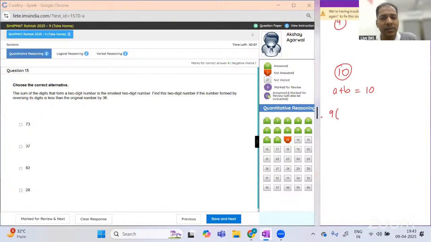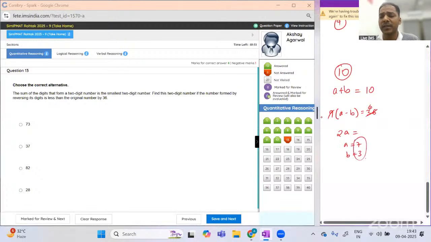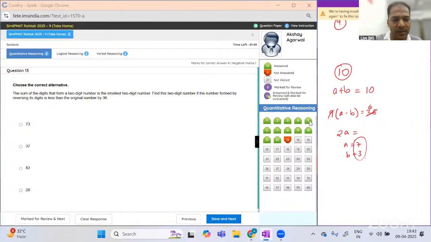So 9 times (a minus b) is 36, which means a minus b is 4. Clearly 2a is 14, so a is 7, b is 3. Reversing the digits will give me 37. Yeah, it's 73. Why did I even solve? I could have used options.